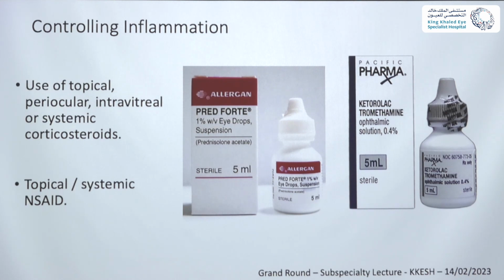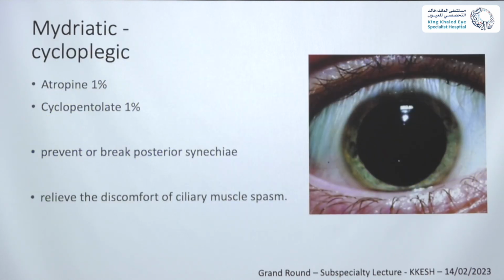Immune modulatory treatment in some refractory cases. Okay. So the second line of management is to relieve the ciliary body. We need to give them a dilating agent or a cycloplegic agent to break the synechiae sometimes, or prevent the development of synechiae, and also decrease the ciliary muscle spasm.